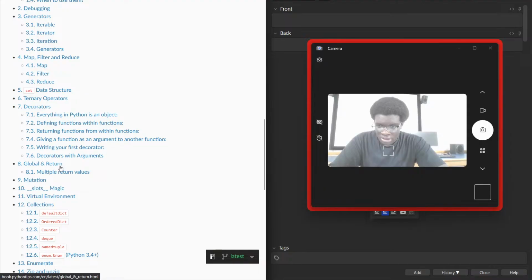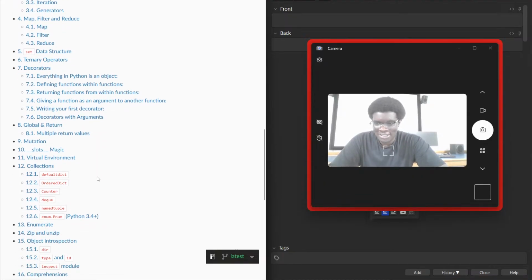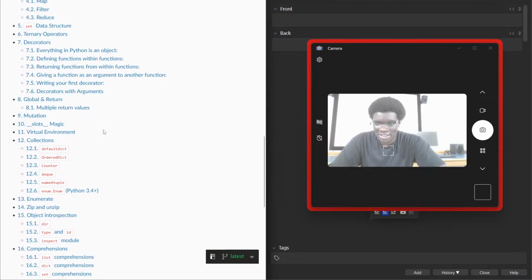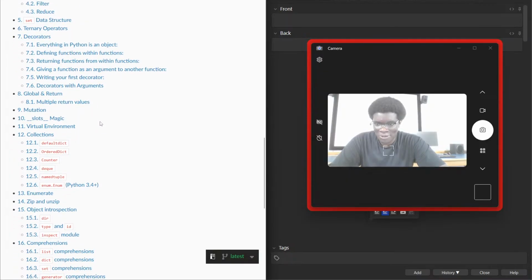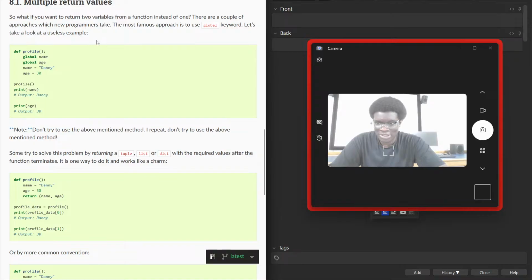Global and return. Don't use global variables in Python. But yeah, I'm happy with this. Multiple return values. Do they mean just returning a tuple? That seems weird. Okay.